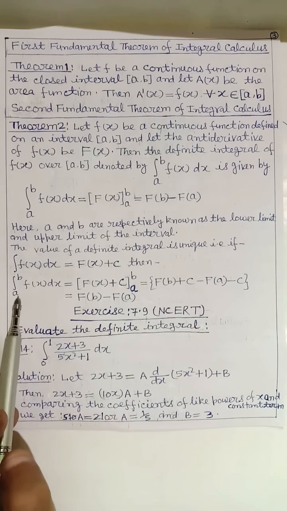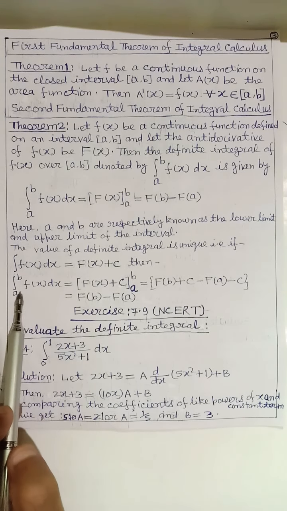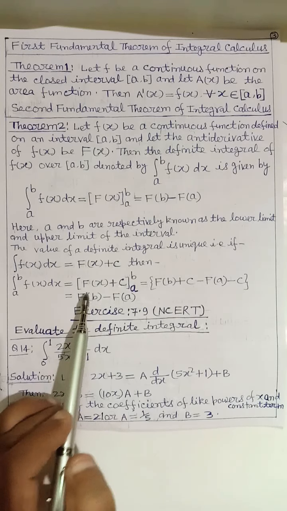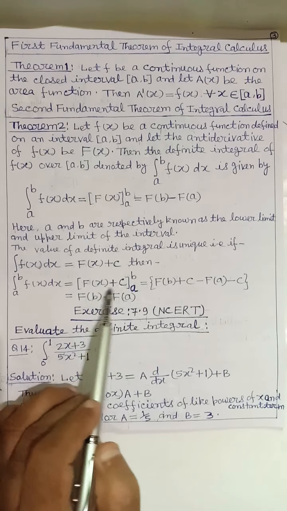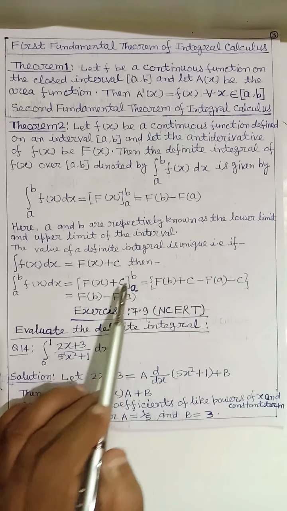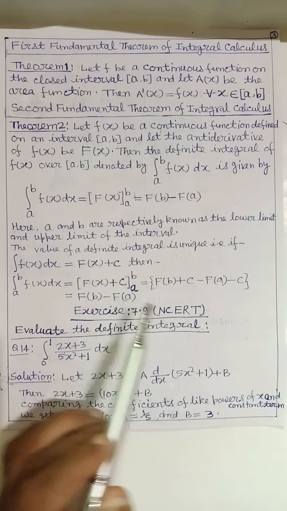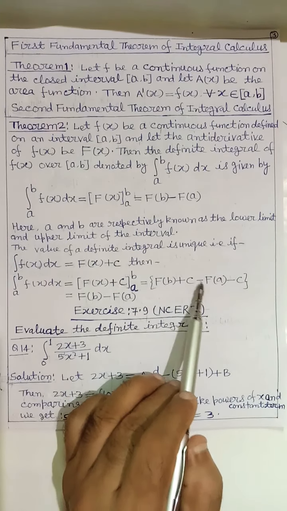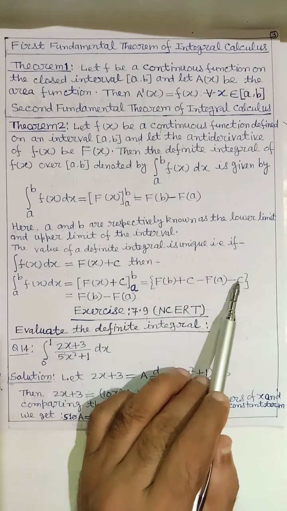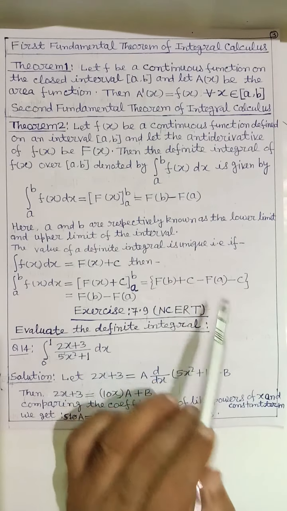So if the limits are given, from a to b, integral of f(x) dx will be F(x) plus c from a to b, and this will be equal to F(b) plus c minus F(a) minus c, and here c and c will be cancelled.